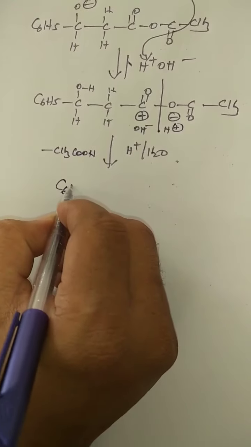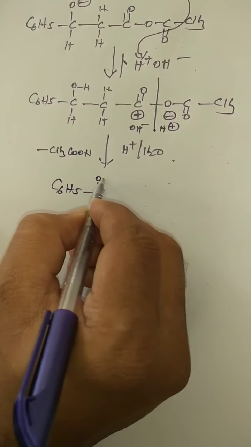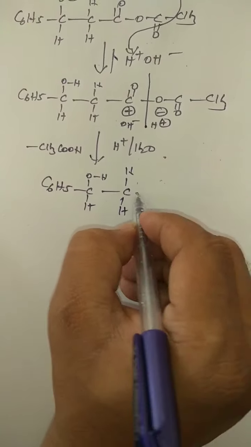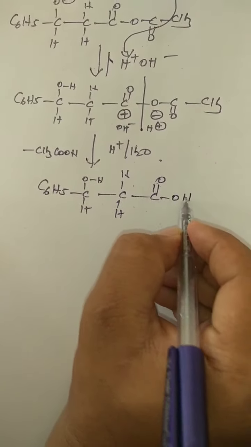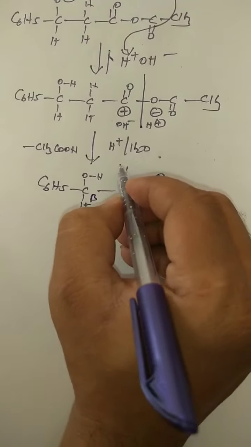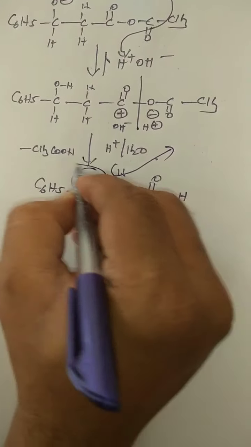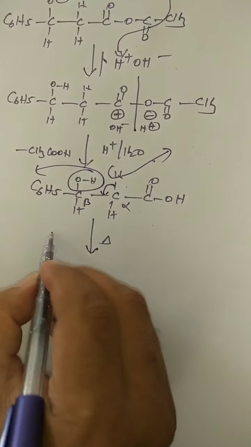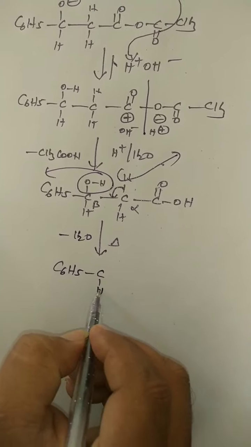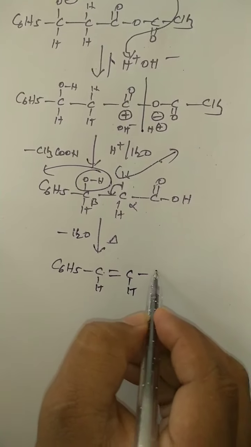And finally what is left? C6H5CH(OH)CH2COOH. On heating, this is the alpha carbon and this is the beta carbon. From the alpha carbon H plus and from the beta carbon OH minus are lost, and the double bond forms. So a water molecule is eliminated. Finally, what is the product? C6H5CH=CHCOOH.